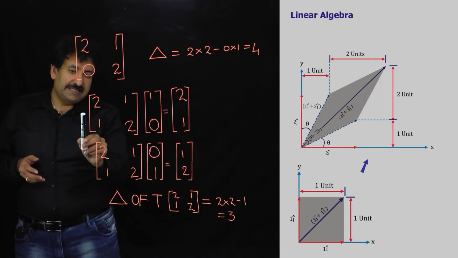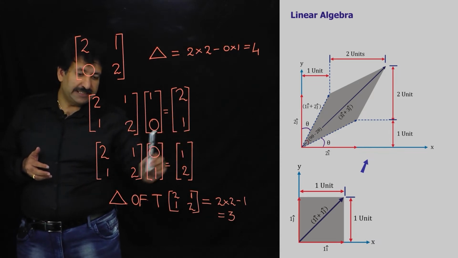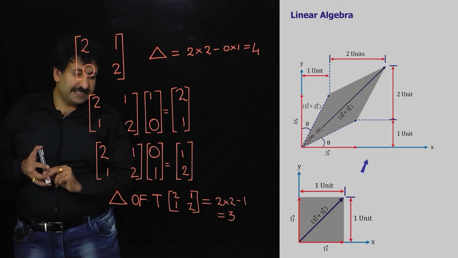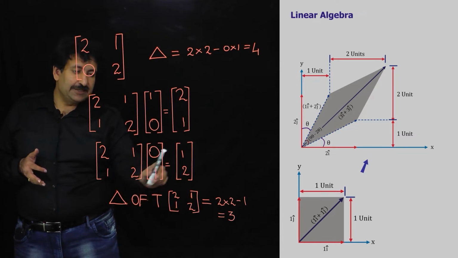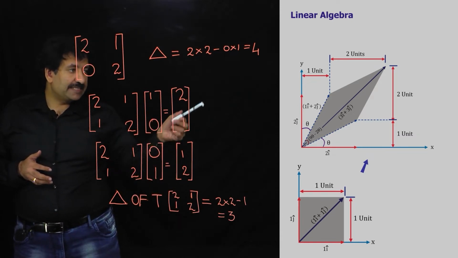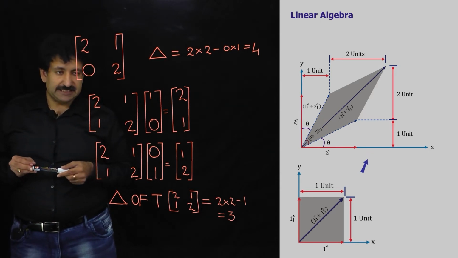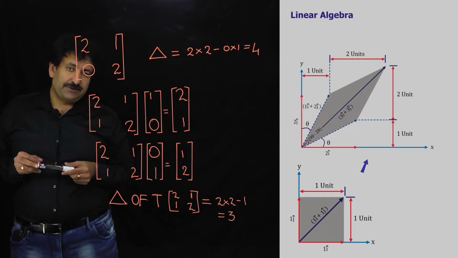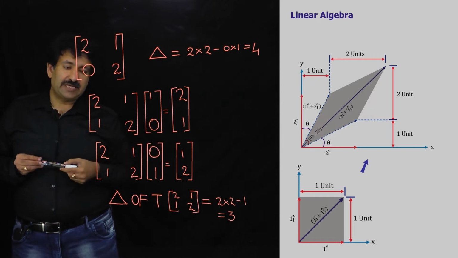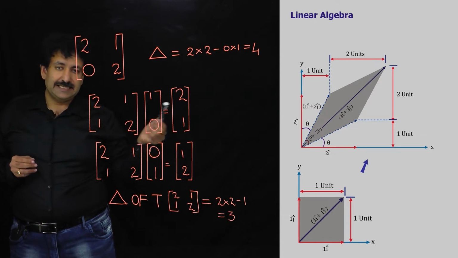So when this transformation matrix operates on the x vector, you get 2, 1. When this transformation matrix operates on the y vector, you get this, and therefore a square space gets transformed into a rhombus.